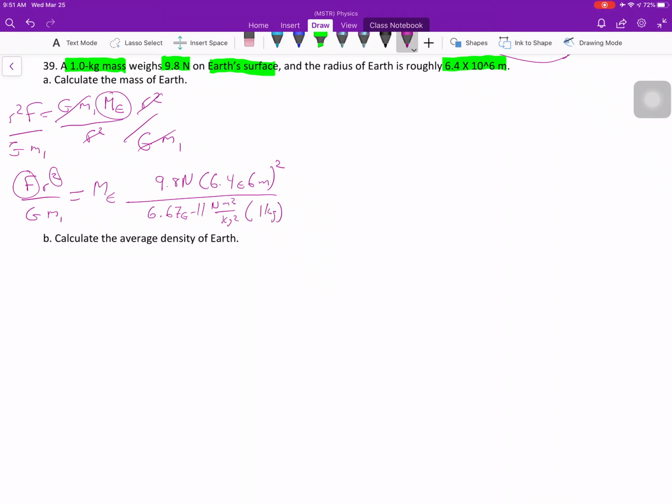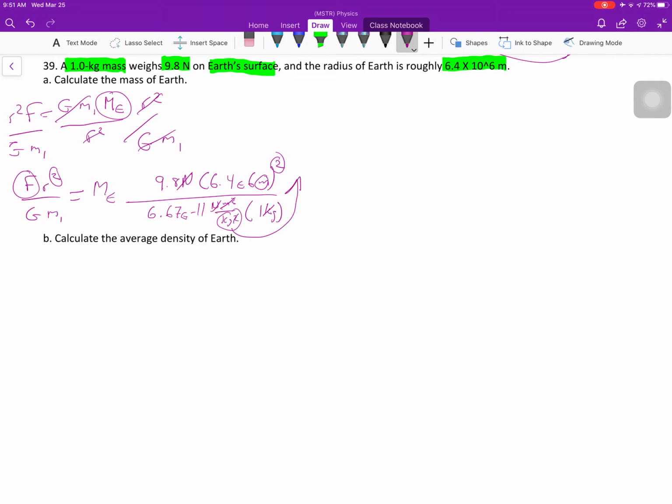So cleaning that up, newtons cancel out here. Remember, this meters squared, this meters will cancel out once that is squared. And this kilogram down here will just reduce down to 1 kilogram at the bottom of a fraction, which we know will come up top. And that unit ends up making sense.